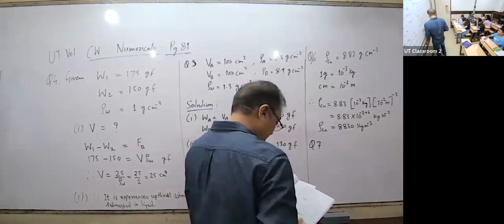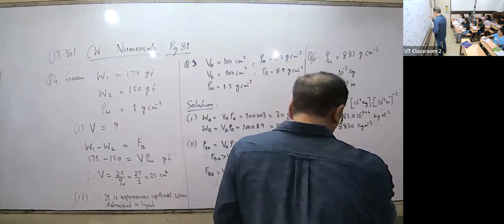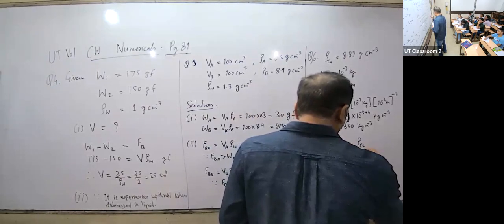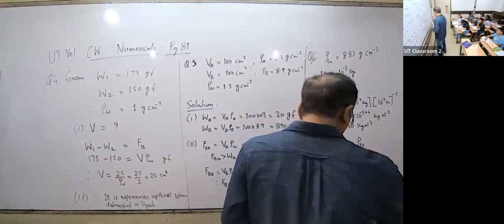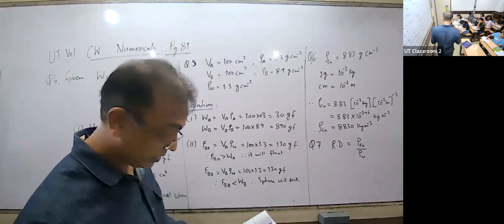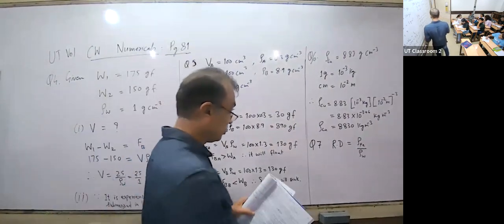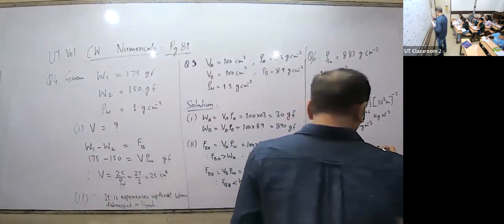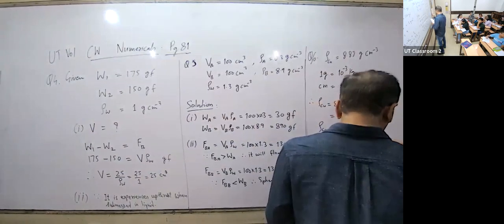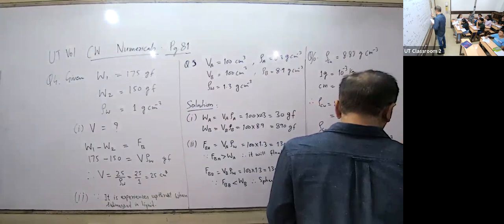So what is relative density? Relative density formula is density of iron divided by density of water. And it is in SI. So density of iron is given to you: 7.8 into 10 raised to 3 divided by 10 raised to 3.